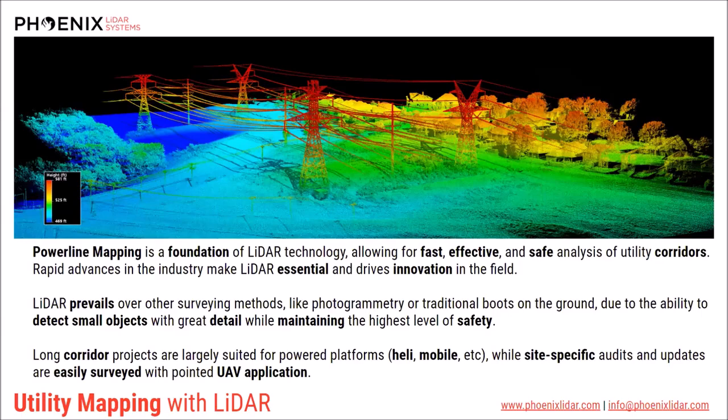So utility mapping, where I'm primarily going to be focused on power line utilities, has been a foundation of the LiDAR technology for a while. The ability for LiDAR to detect small objects with a huge range of reflectivities, such as power lines, towers, and other utility structures in these corridors, while having great detail and also maintaining a huge level of safety compared to the traditional boots on the ground.